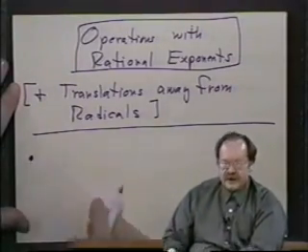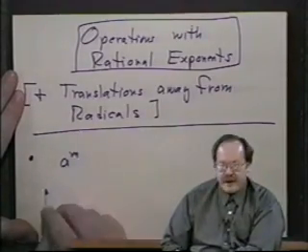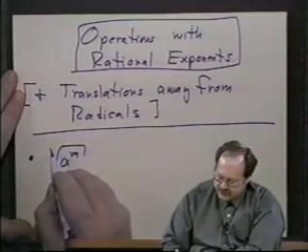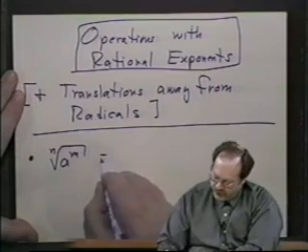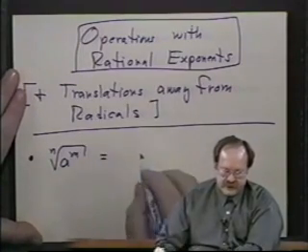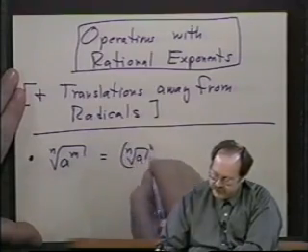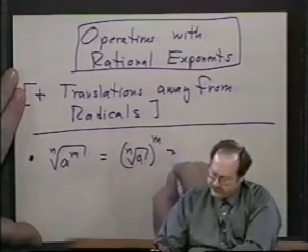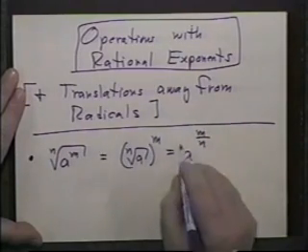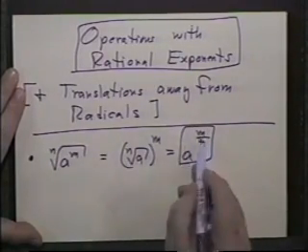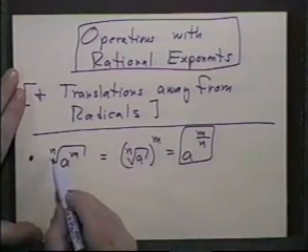So, here's the first of the rules. Suppose you have a to the m power, and you take the nth root of it. Well, what is that? That turns out to be the same thing, first of all, as reversing it: the nth root of a to the mth power. That will be written as a to the m over n, because m is the power, and 1 over n is the way we write roots.